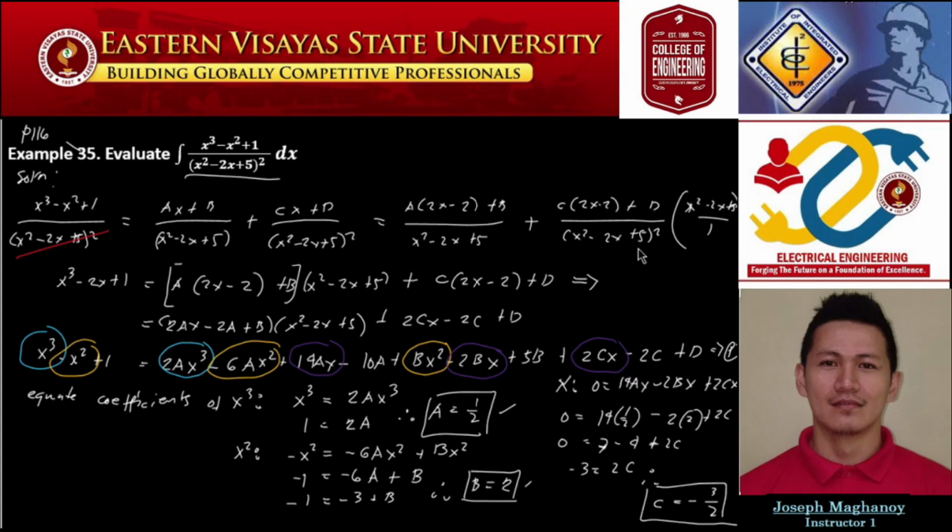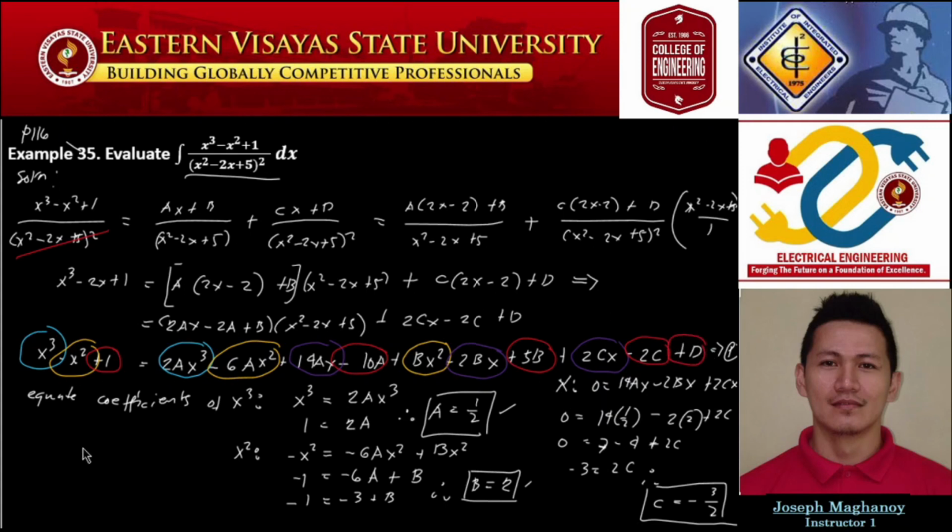Now we determine the value of our d. Our d is a constant. So we need to equate in terms of constant also. For our constant, we have positive 1, negative 10a, positive 5b, negative 2c, and d.